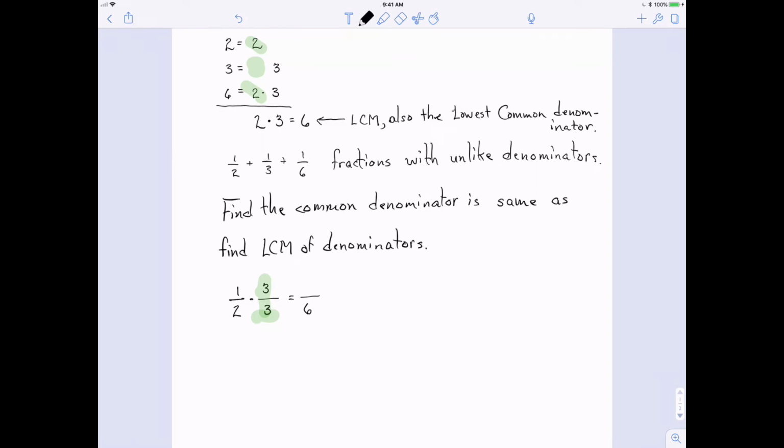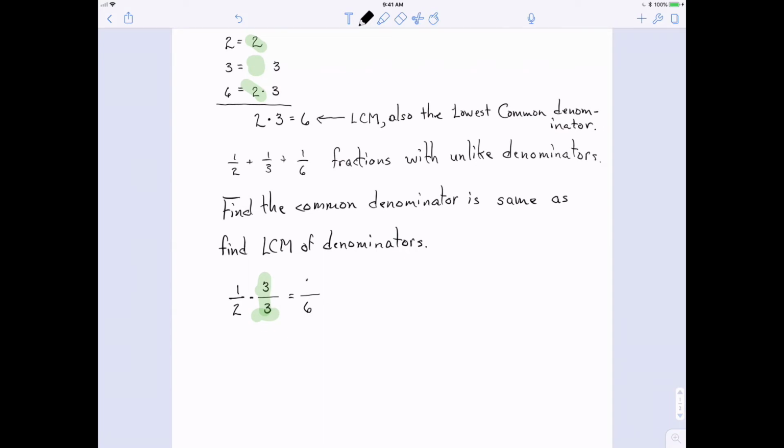So the denominator works. 1 times 3 from the numerators is 3, so 1/2 has another form of 3/6. We can do this again for a third: we need to change 1/3 into something with sixths, so how about 2 over 2? The denominators multiply to 6, and 1 times 2 becomes our numerator of 2.